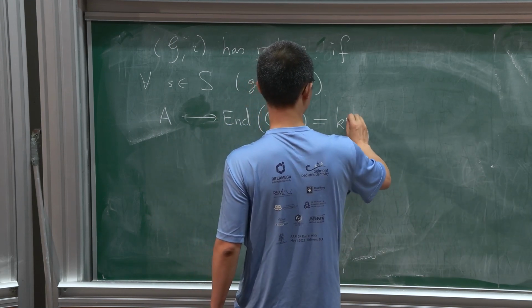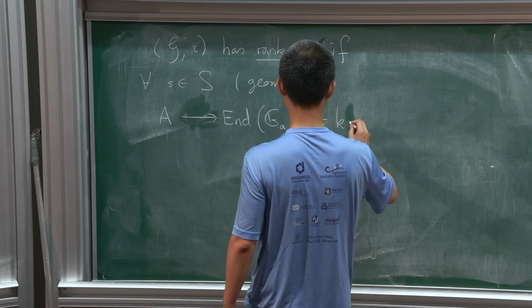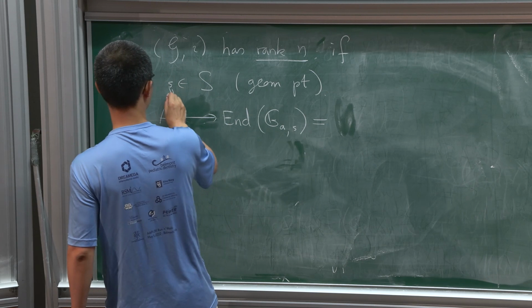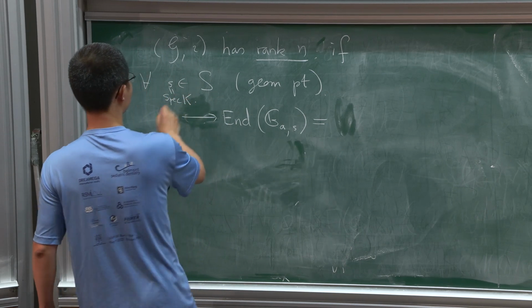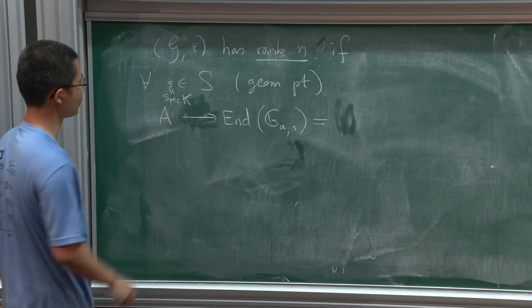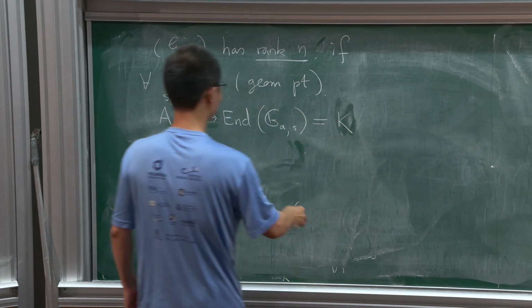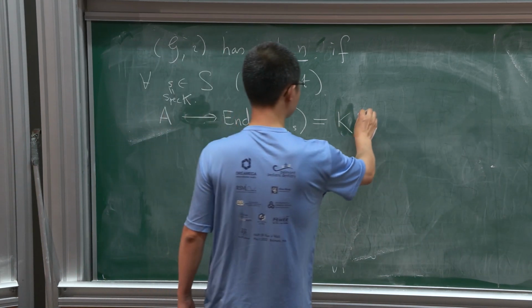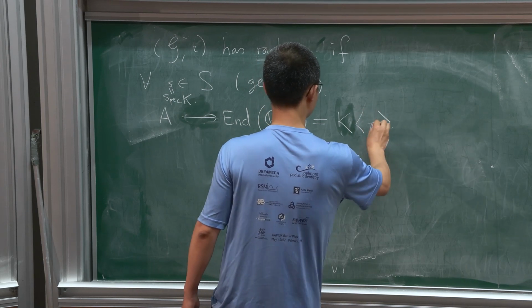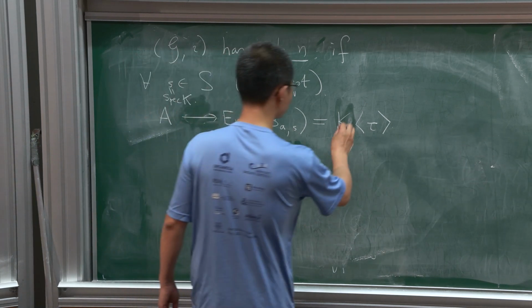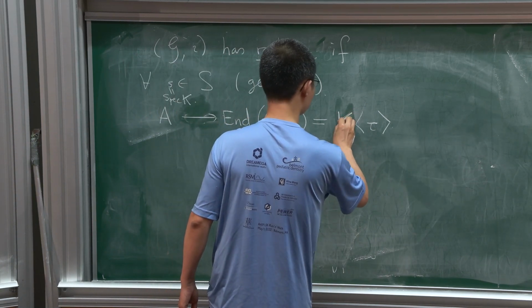So maybe the residue field of s is some capital K of characteristic p. So this endomorphism ring can be identified with a Frobenius-twisted polynomial ring in one variable.